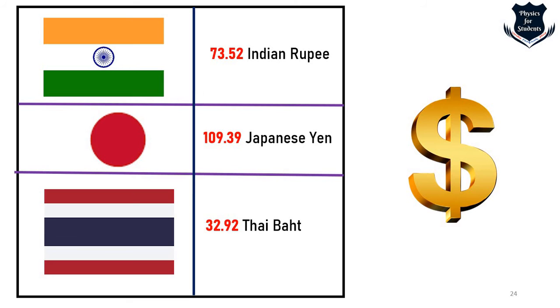Because we have different metrics, we have different prices, different standards of living, different income levels, different prices of commodities, right? We do not have something uniform, right? So the dollar price changes as per the country because we have different metrics of measurement for each country. So this is an intuitive understanding of what a metric is.